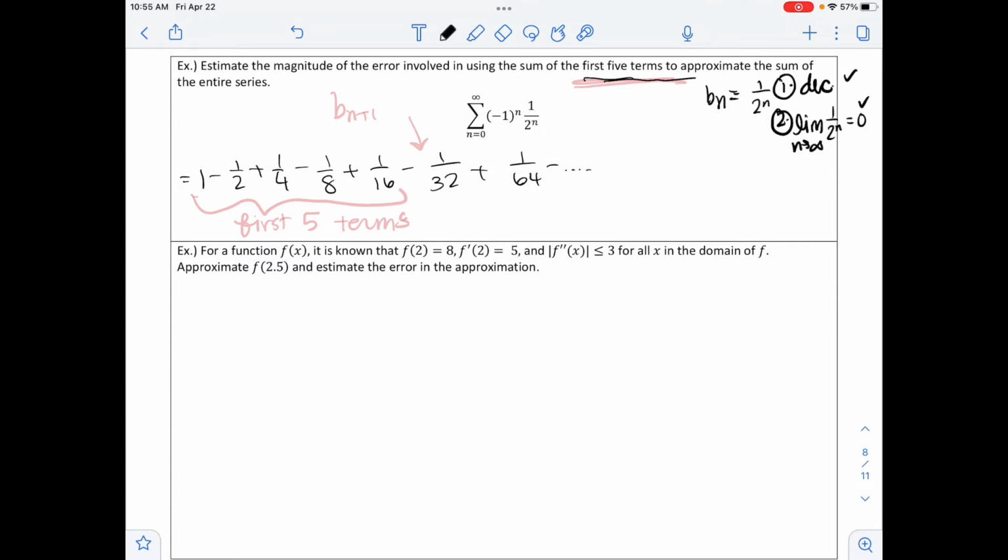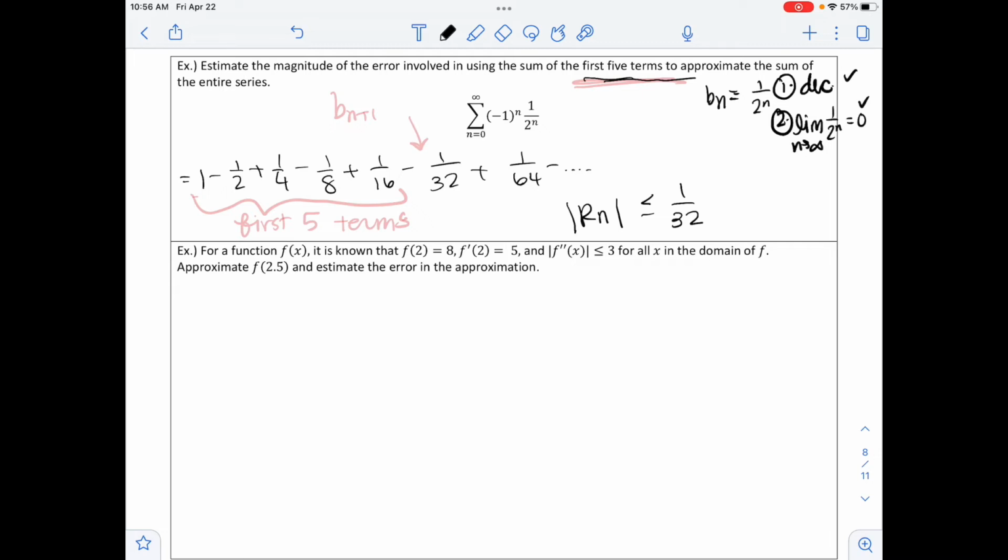Again, we take the absolute value of that, and this is less than or equal to b sub n plus 1, which is the absolute value of negative 1 over 32, or just 1 over 32. And so this would be estimating the magnitude of the error.